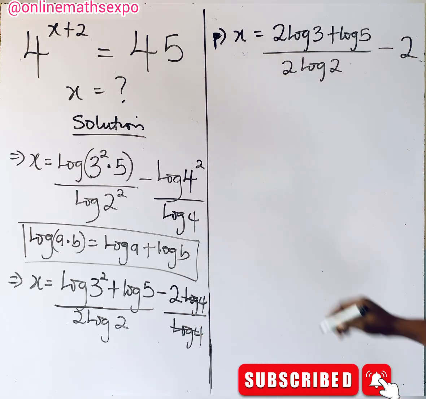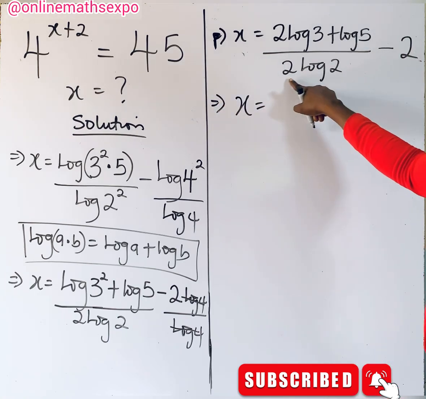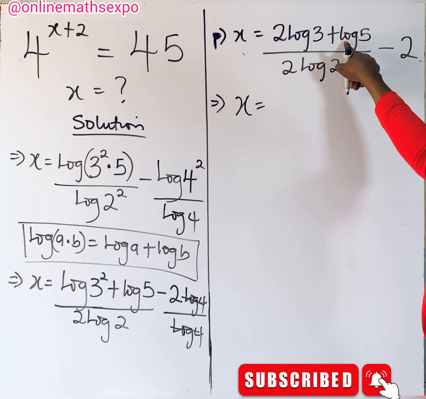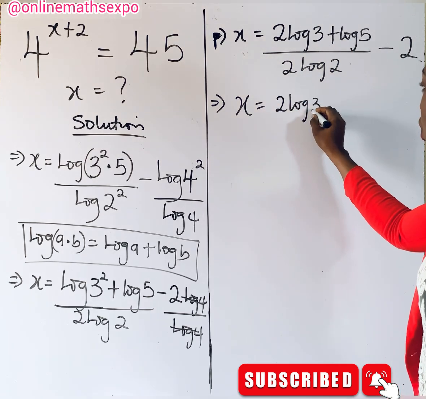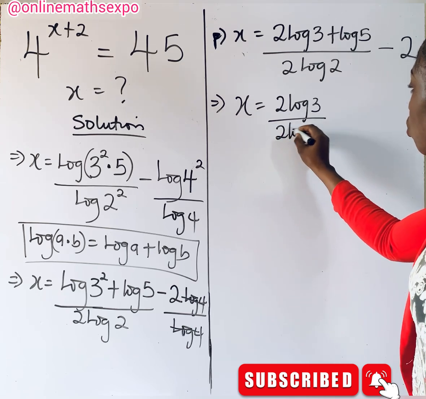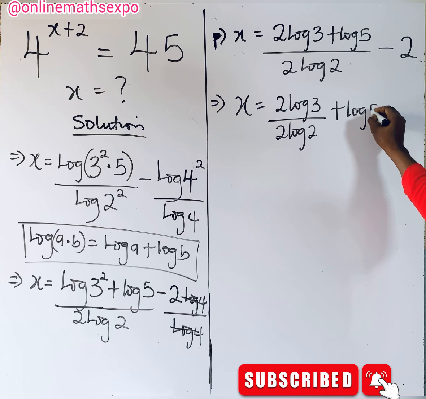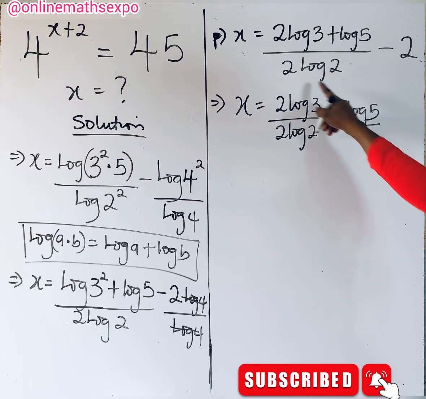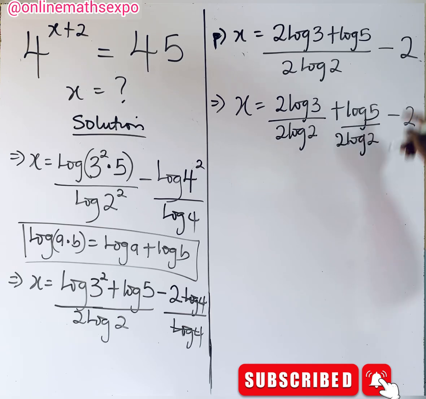Did you see that? So we are going to now have x is equal to, you can still split this denominator for these two numerators, so you are going to have 2 log 3 divided by 2 log 2, then plus log of 5 divided by 2 log 2, then minus 2.